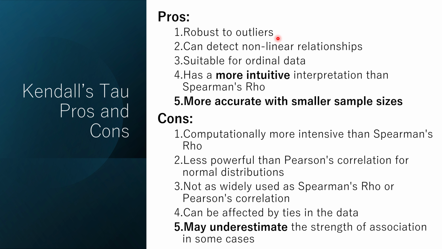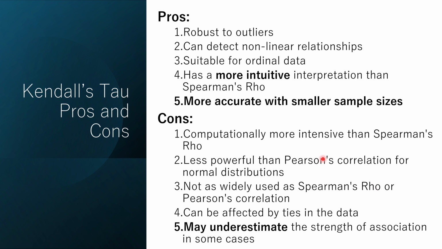Pros: robust to outliers, detects monotonic association, and works well for ordinal datasets, often more intuitive with small samples. It is strong for small samples, and the interpretation is in terms of concordant versus discordant pairs.